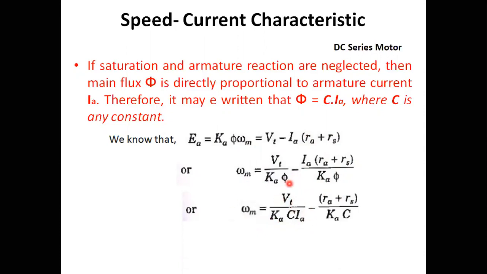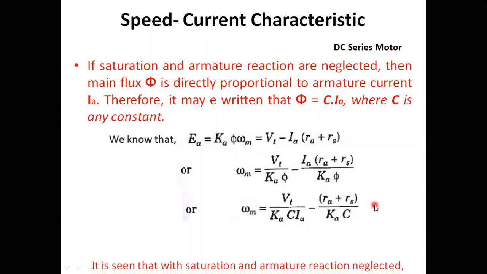If we replace phi with C Ia, then Ia in the numerator and denominator will cancel out in the second term. It will give (Ra plus Rs) by Ka into C. So we are getting this equation.